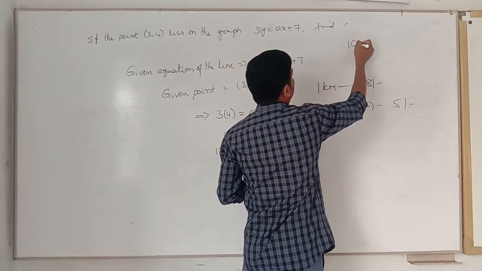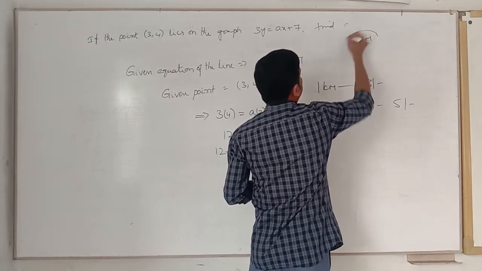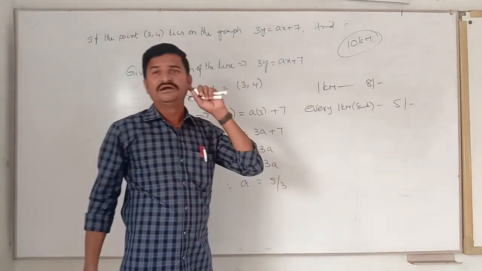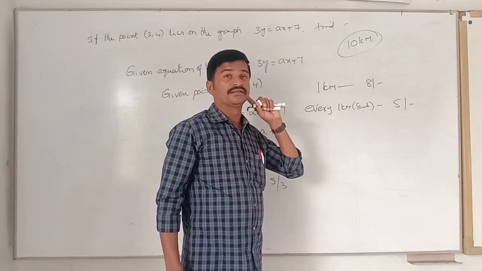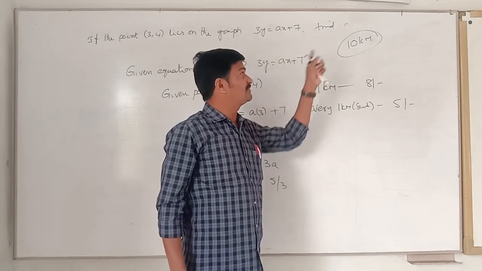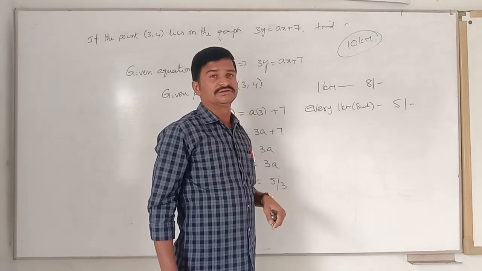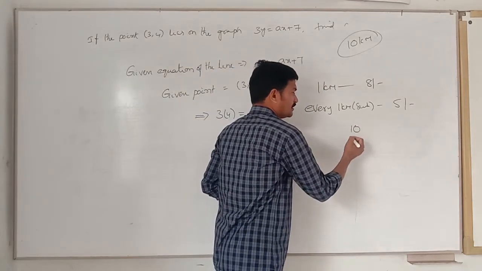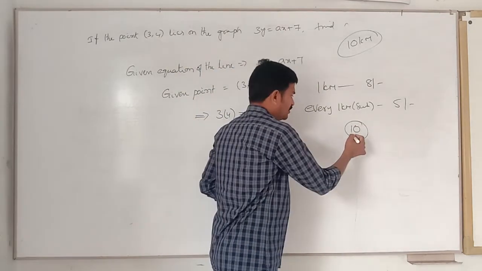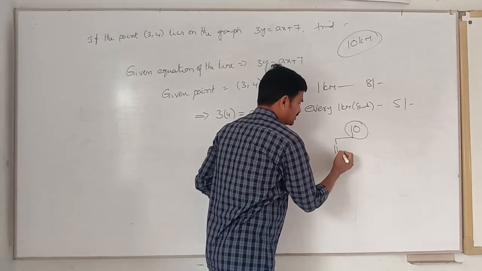Now I have traveled 10 kilometers. How much distance have I traveled? 10 kilometers. Then how much amount do I have to pay for 10 kilometers? Out of 10 kilometers total, the fixed 1 kilometer is common.